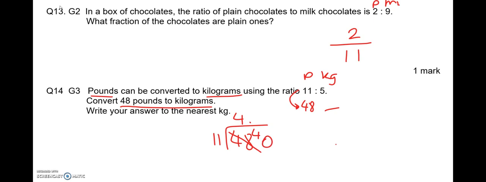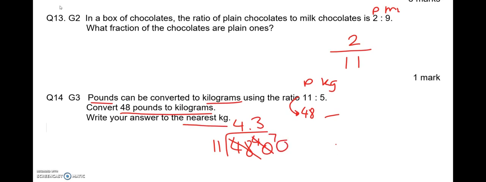So 11s into 40, there's 3 of them, 33, which means that we have 7 left. We can now add a 0, it becomes 70. How many 11s into 70? That is 6 of them. And we can continue, but 4.36 is a good number to stop at. So we've got 2 decimal places.